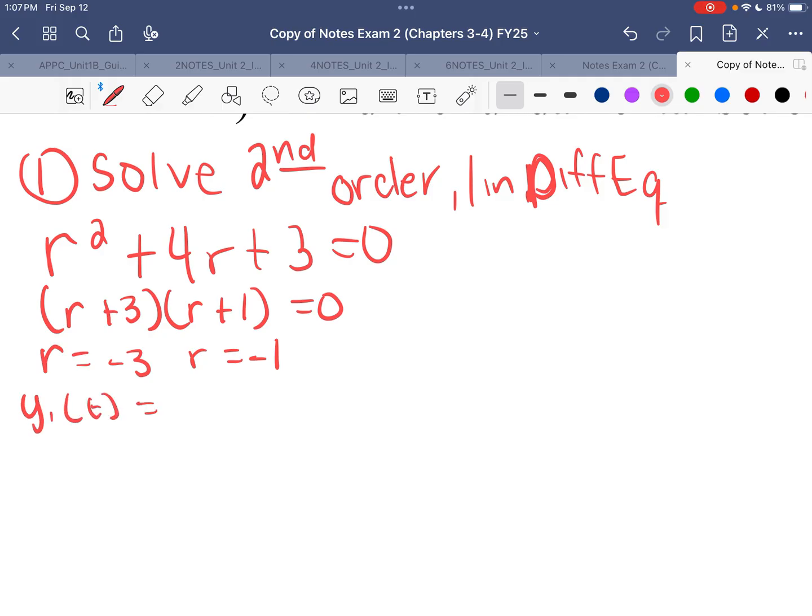We get y1 is equal to e to the negative 3t, and y2 is equal to e to the negative t.